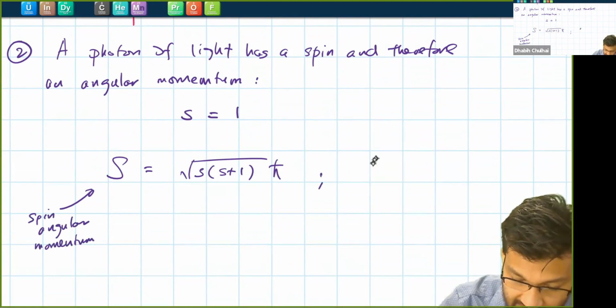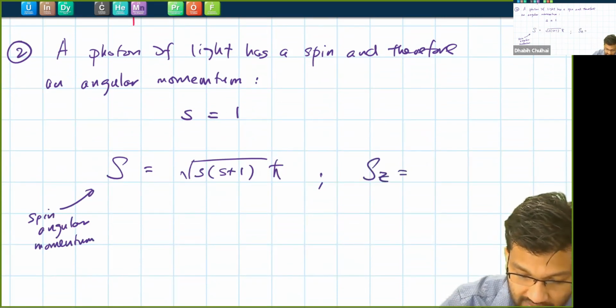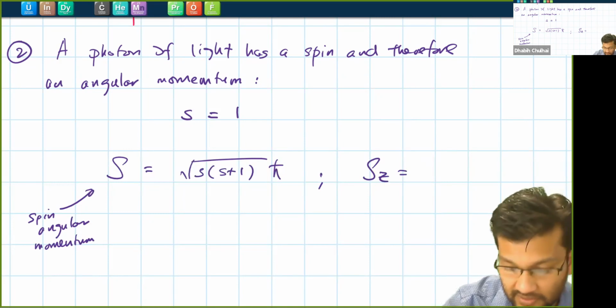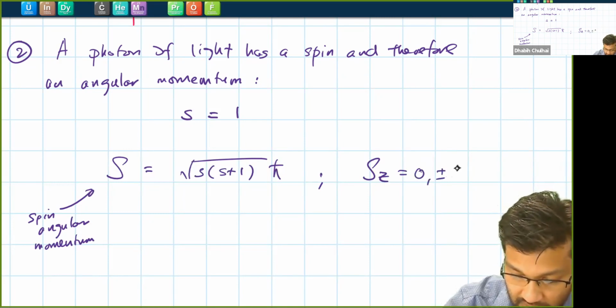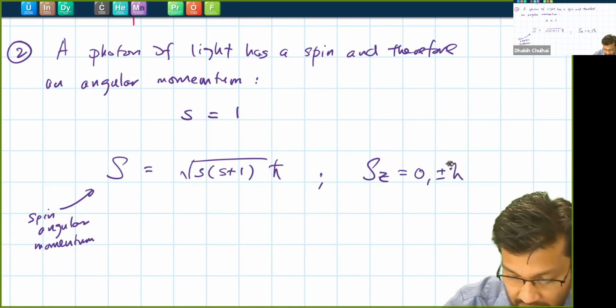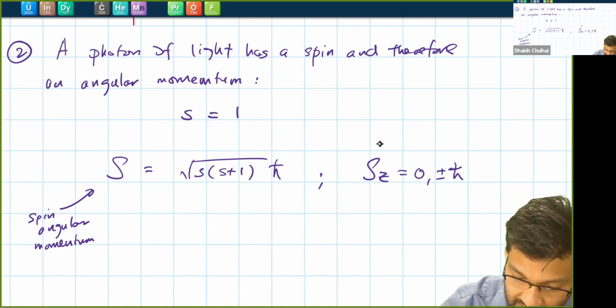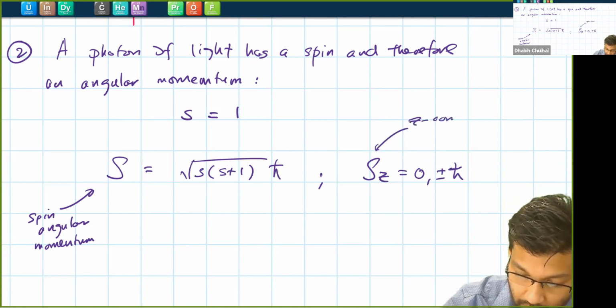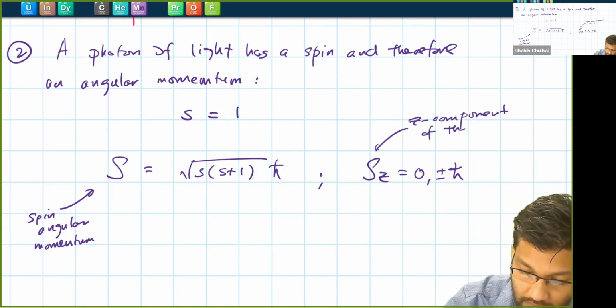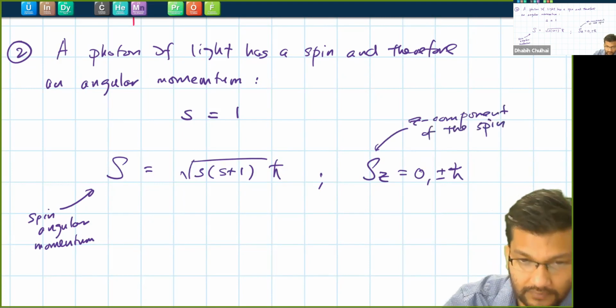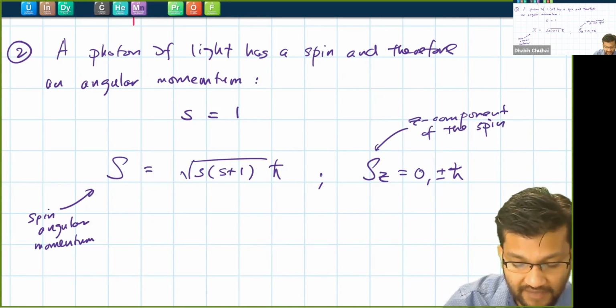It also has a z component of that spin, which because s is 1, the z component could be 0 or plus or minus 1. So it's 0 or plus or minus 1 times h bar. So I'll put the h bar back. And this is the z component of the spin. So photons have energy, photons have angular momentum.